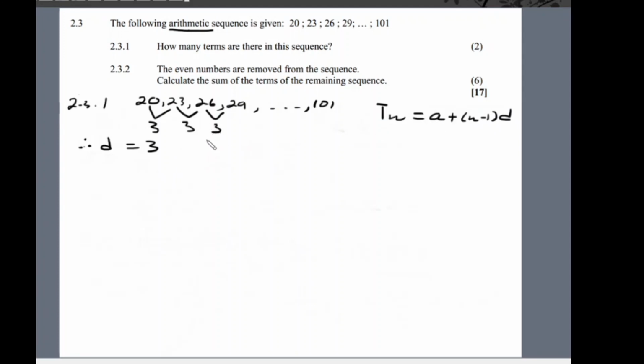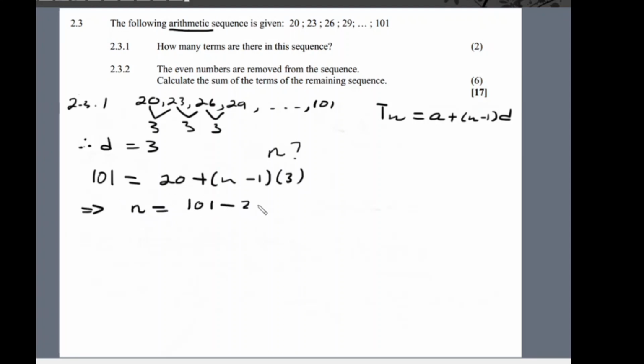So how many terms are there in the sequence? This means we must calculate n, right? The last term is 101, and we know the first term to be 20, and the common difference to be 3. So n is equal to 101 minus 20, divided by 3, plus 1, right?